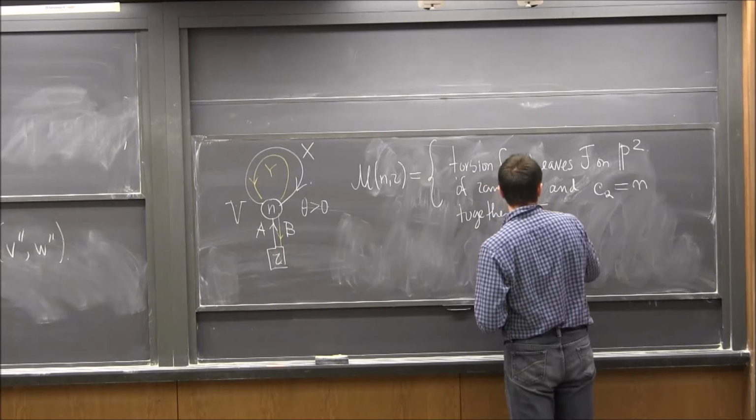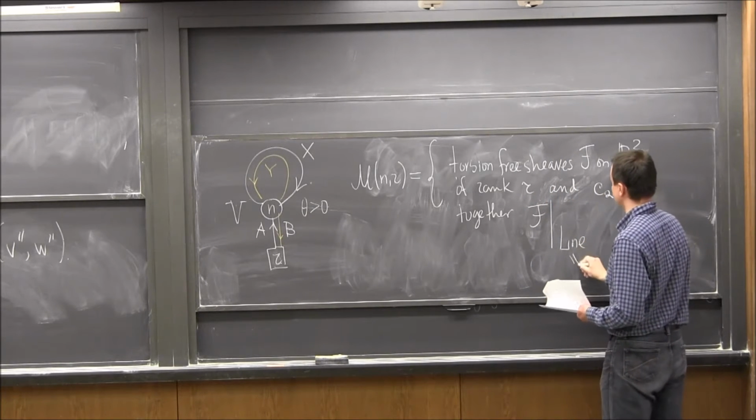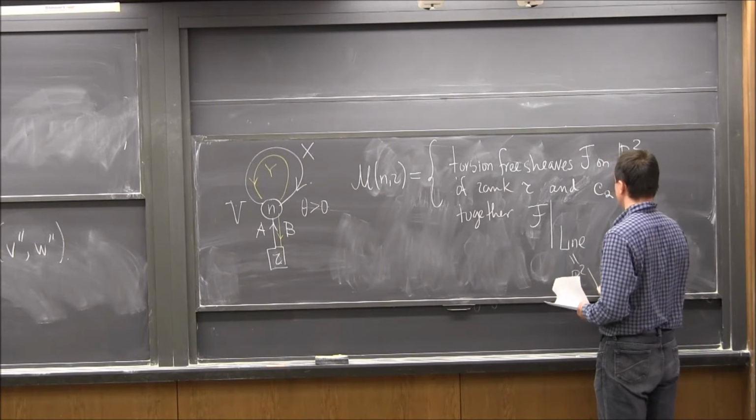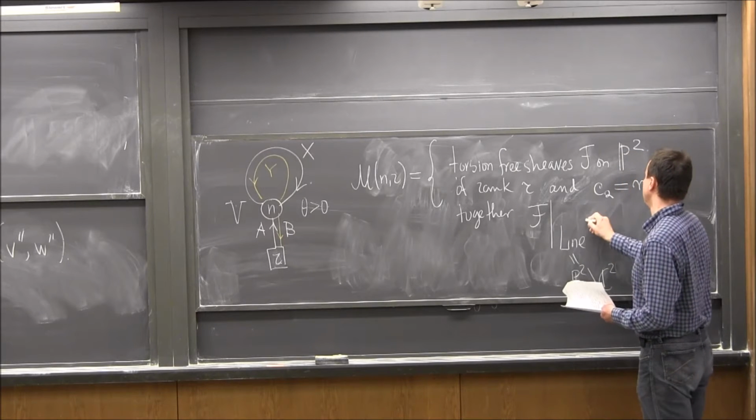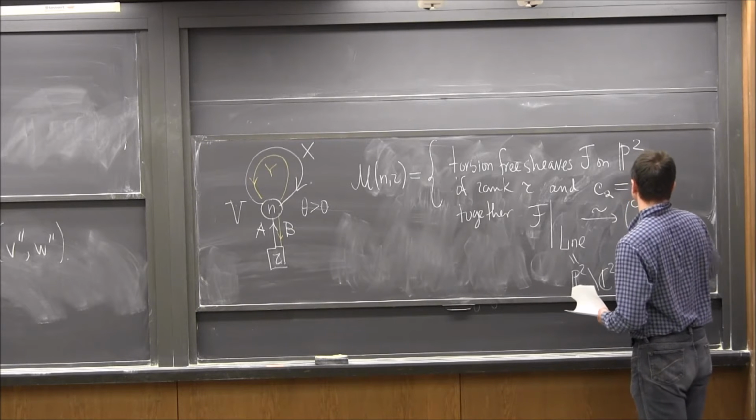The trivialization of F is restricted to a line, which people usually choose to be the line at infinity, the complement of C2 inside P2. This is trivialized.